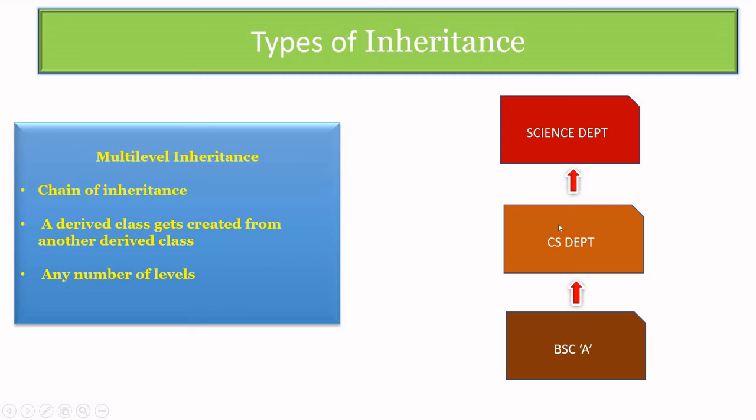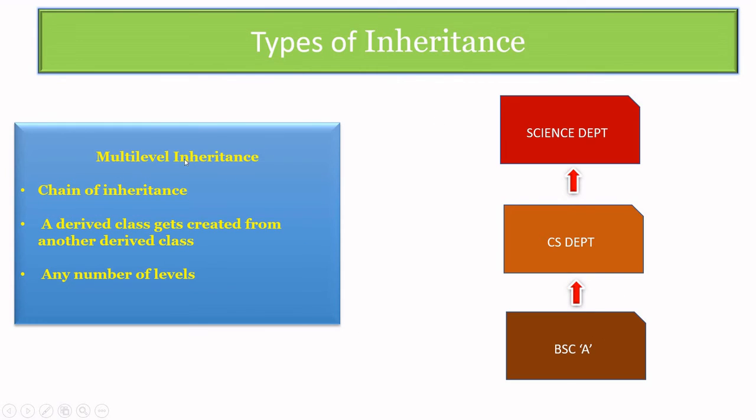For example, science department is a base class for CS department. CS department is going to act as a base class for BSc A class. So this is the way multi-level inheritance is implemented. CS department is a science department, BSc A section is a CS department. This is the way the is-a relationship is implemented.